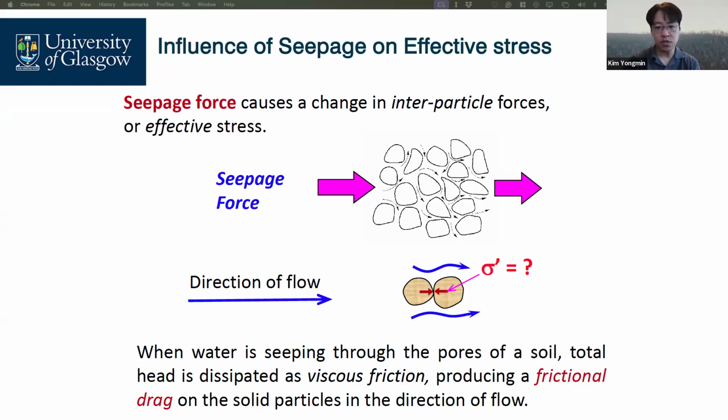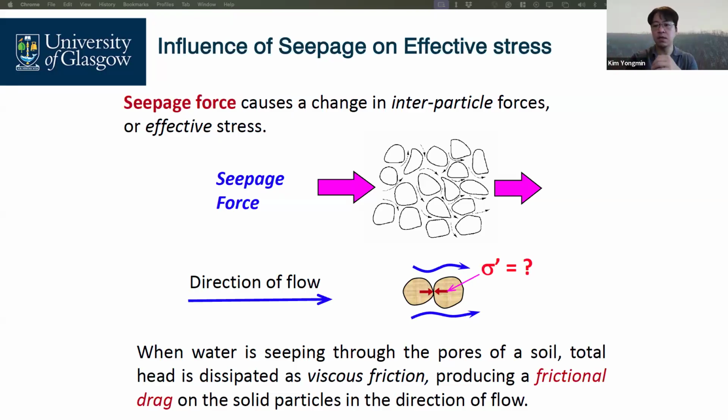The seepage force causes a change in interparticle force, which will increase or decrease depending on the direction of the seepage. With downward seepage, soil particles are more densely packed, but with upward seepage, the dense soil conditions change.